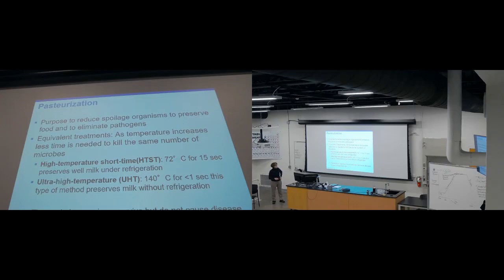So we have two types of pasteurization. We have HTST, which stands for high temperature short time, or we have UHT, which is ultra high temperature.